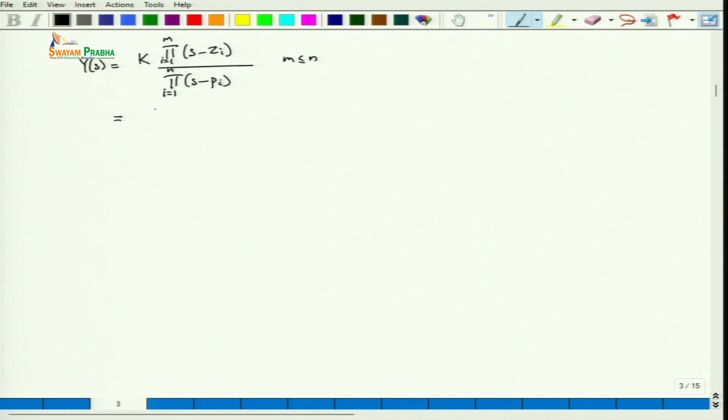Now once we have this, we can express Y using what we call partial fractions. So this can be expressed as some coefficient k_i divided by s minus p_i.